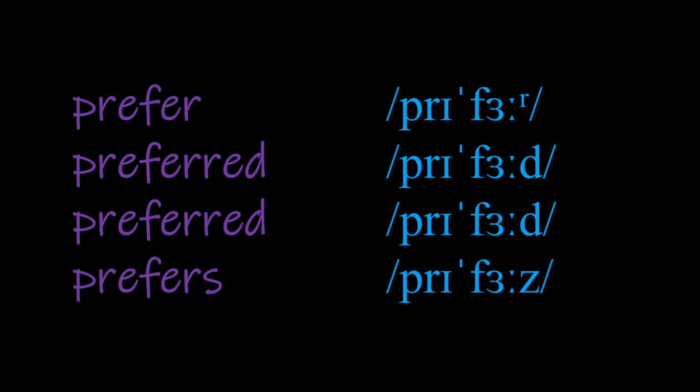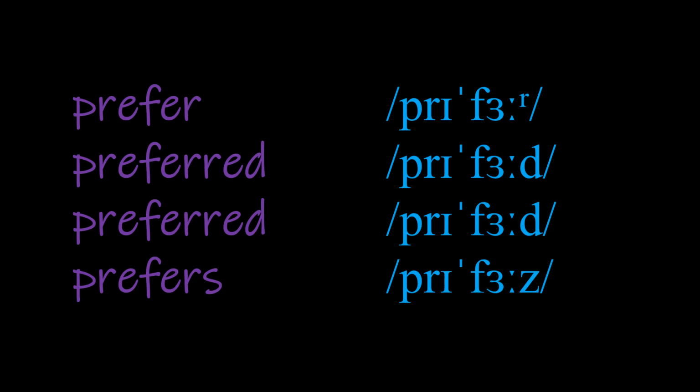And then the third person, prefers, with a Z. So we write it as an S, but we pronounce it as a Z, prefers, and it's because of that vowel that comes beforehand. Because if you think about it, basically when we make that we're vibrating the throat.